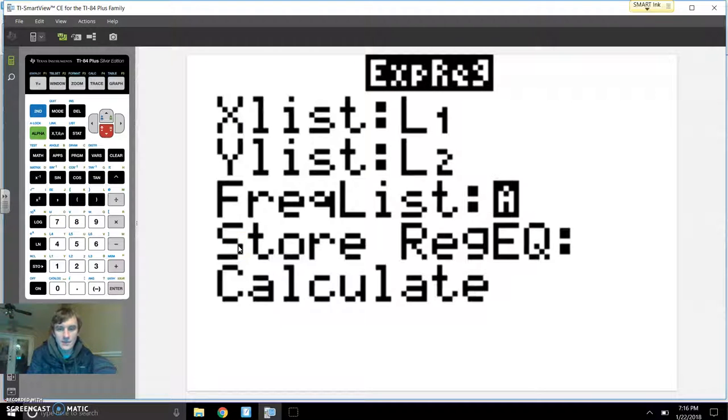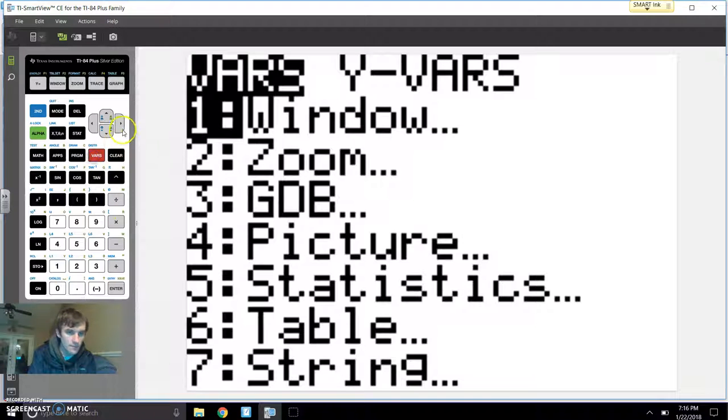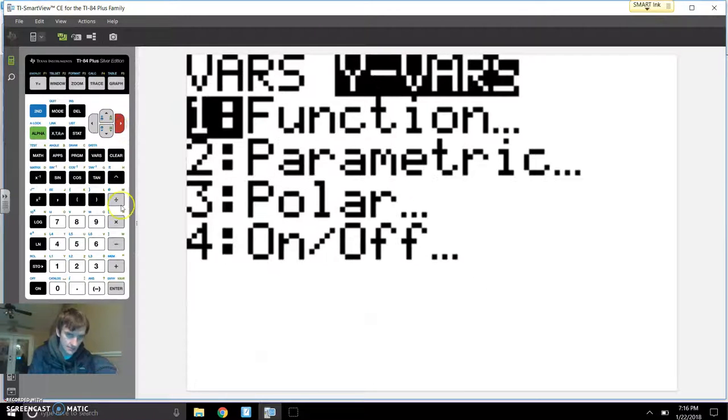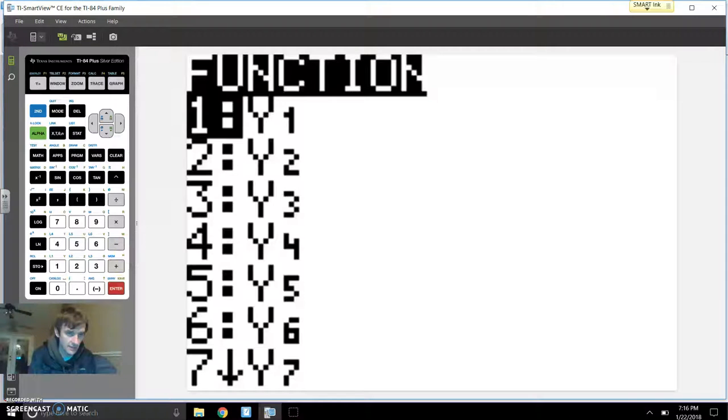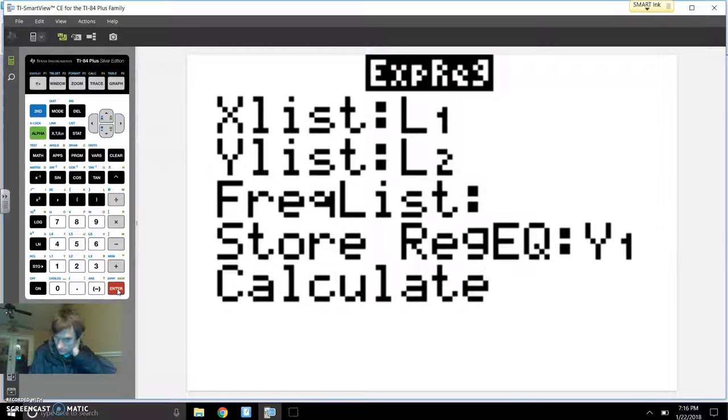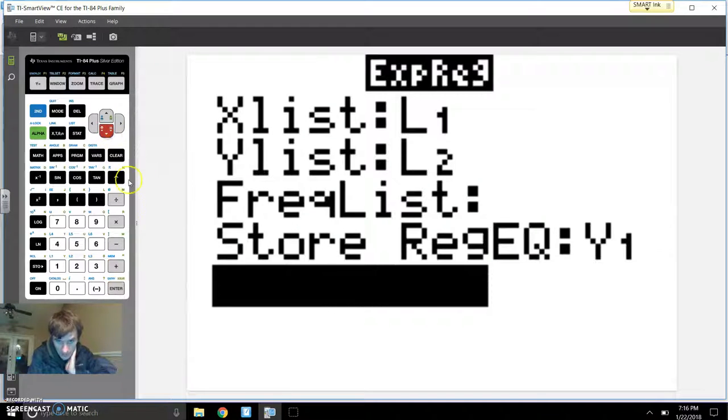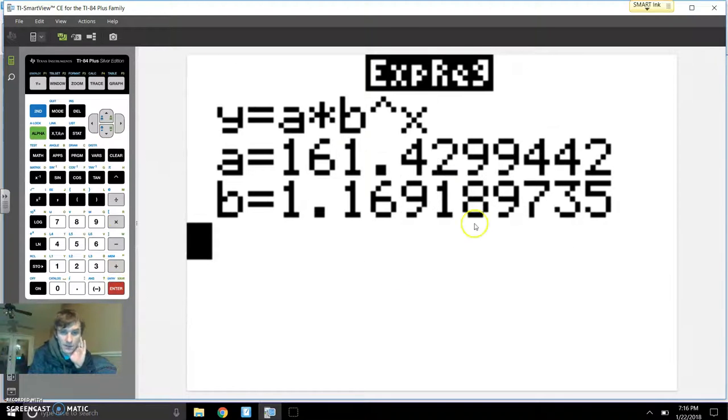We're going to have this screen, and I'm going to just go down here for just a second. If you want to store the equation to the 10th decimal place or whatever, this can be a useful thing. I do variables, I scroll right once, I choose the first option, function, and then the last thing I do is choose Y1. And now whenever I calculate this, not only does it give me the equation, 161.4299, it also tells me the b value.